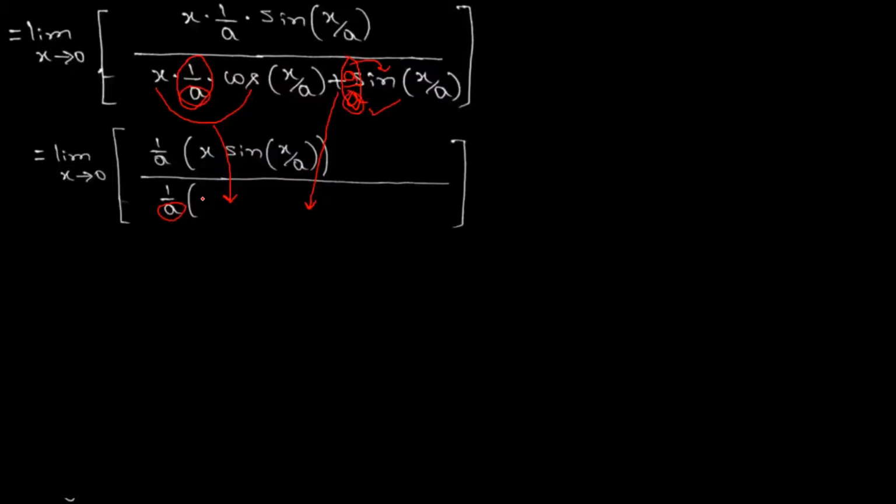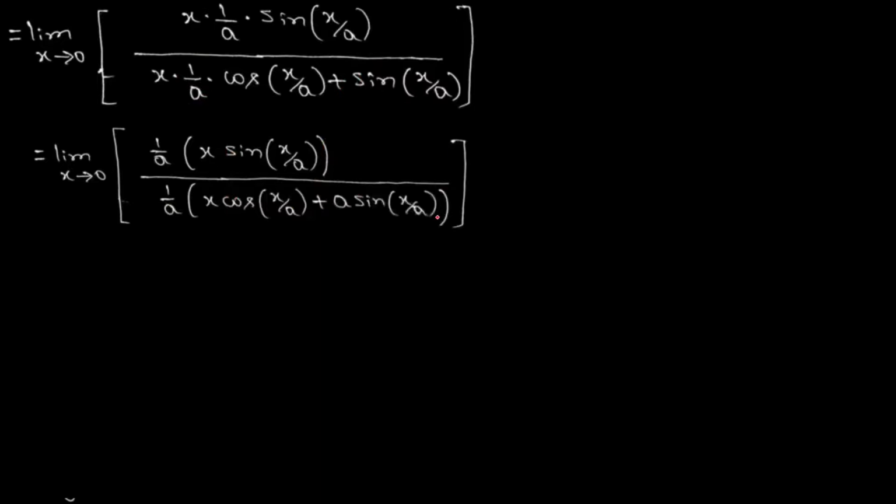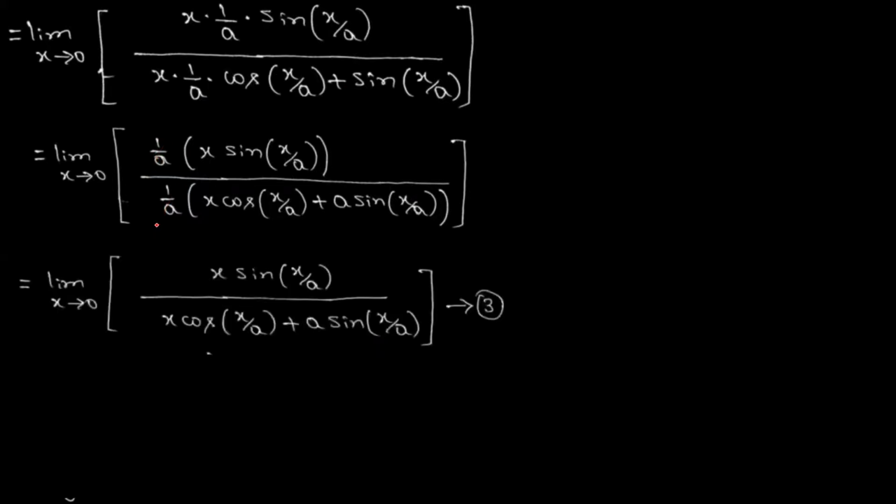Now let us write the remaining things here. X into cos of x by a plus a into sin of x by a. Now you can see this 1 by a and this 1 by a gets cancelled. Yes.